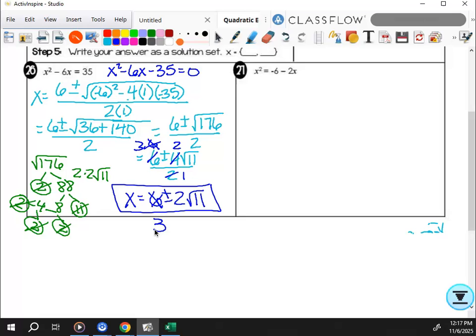So on 27, when we move everything to the left, you also want to put it in order. So x squared plus 2x plus 6 equals 0. So x equals negative b, so it's a negative 2 plus or minus square root of 2 squared minus 4 times 1 times 6 all over 2 times 1.